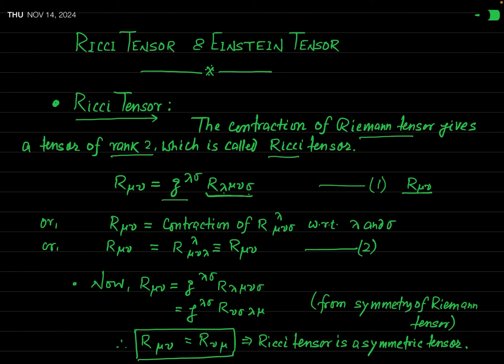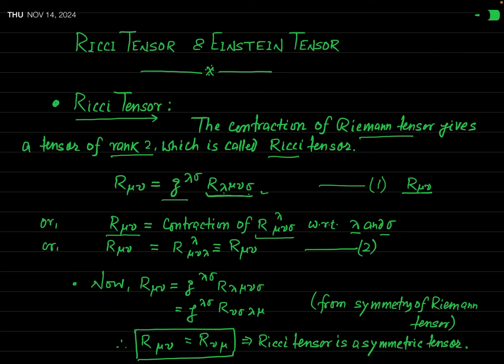You can also find this Ricci tensor by the process of contraction in another manner. If you want to find this tensor R mu nu, you have to contract this R superscript lambda mu nu sigma with respect to lambda and sigma, as I have told you here.